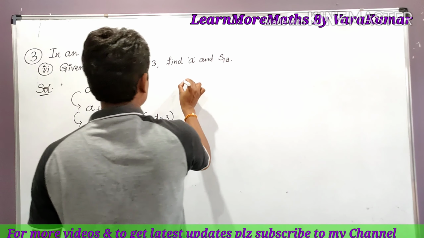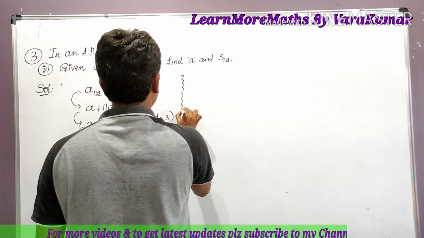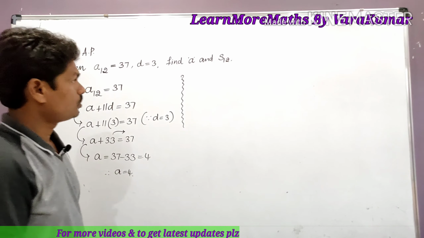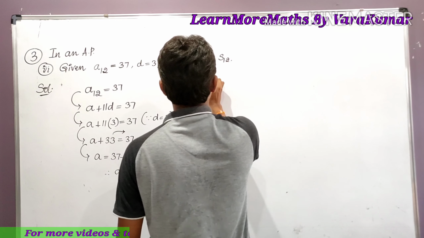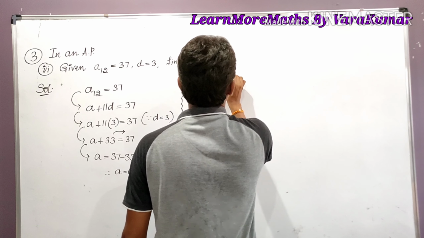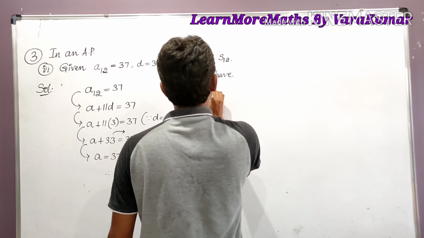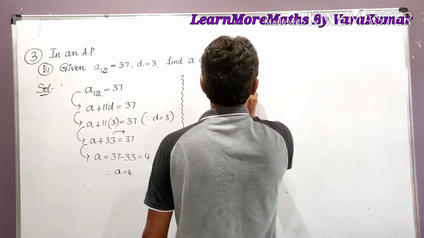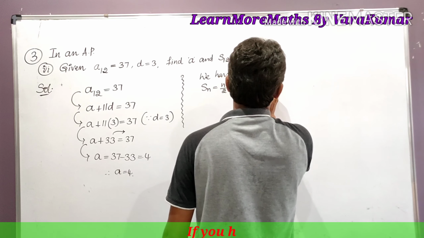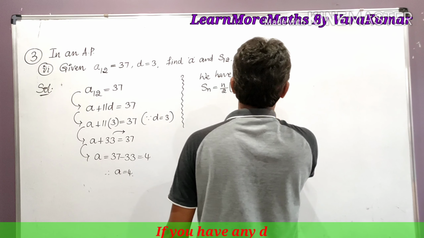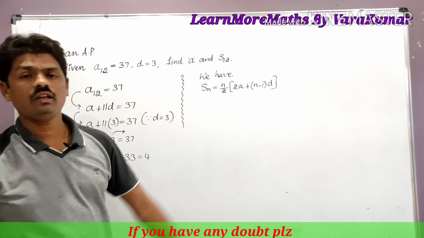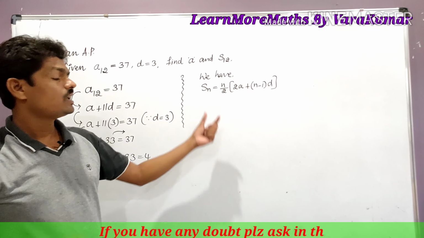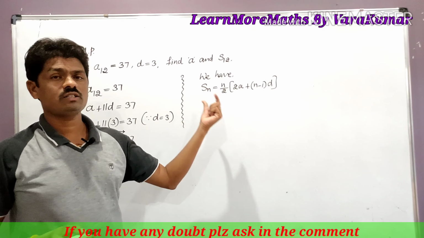Next, he is asking us to find S12. We have Sn is equal to n by 2 into 2a plus n minus 1 into d. This is the first formula, student. When we know a, n and d values, we use the first formula, since we don't know the last term.